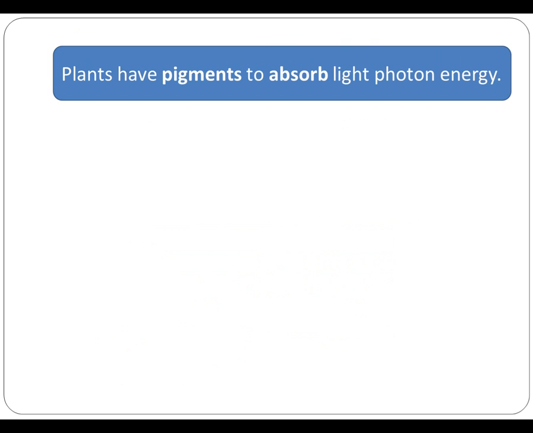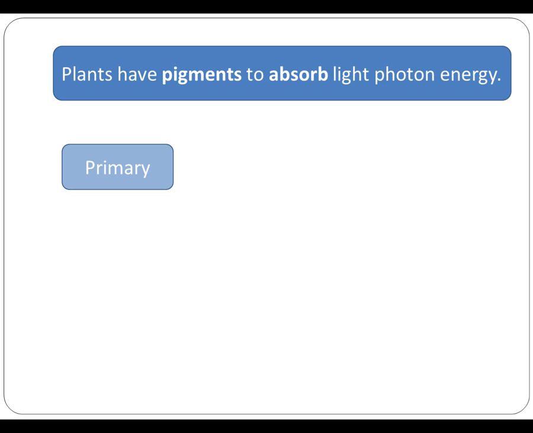All right, so if you remember, we said that plants have the ability to absorb some light photons but reflect others. In order to absorb them, there has to be something about the plant to absorb it, and those are called pigment molecules, or pigments. There are different types of pigments, and I don't think your book used the word primary, but I'm going to assign the word primary.